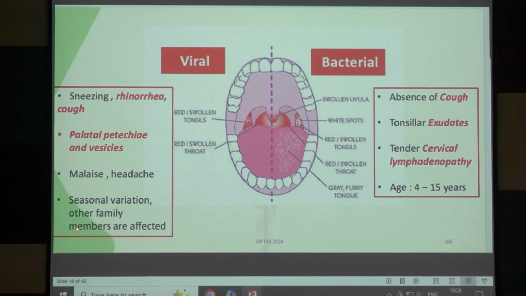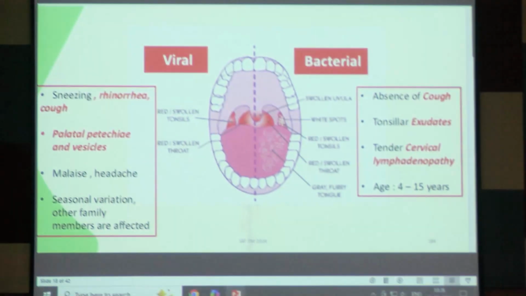There will be complaint of malaise, headache, and most commonly other family members will be affected as it is viral. So, we have to take history whether any other members in the family are suffering from the same type of complaints.